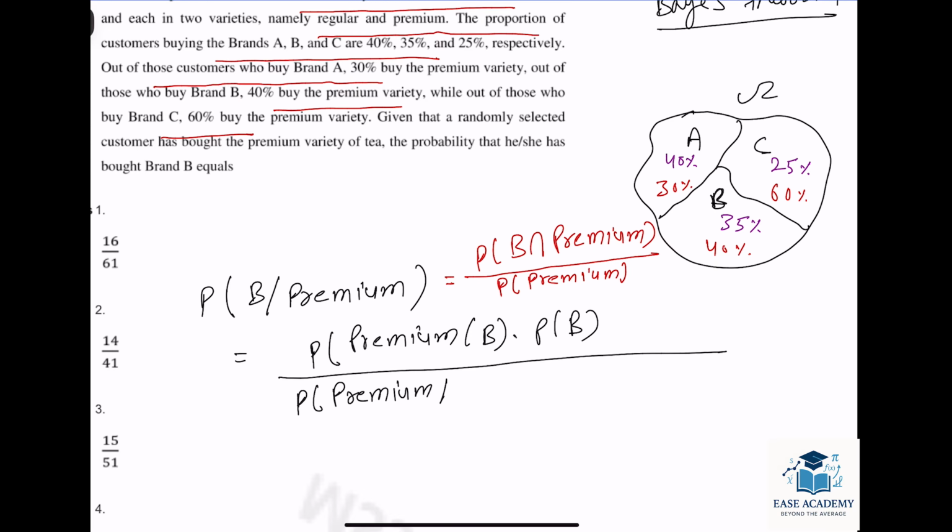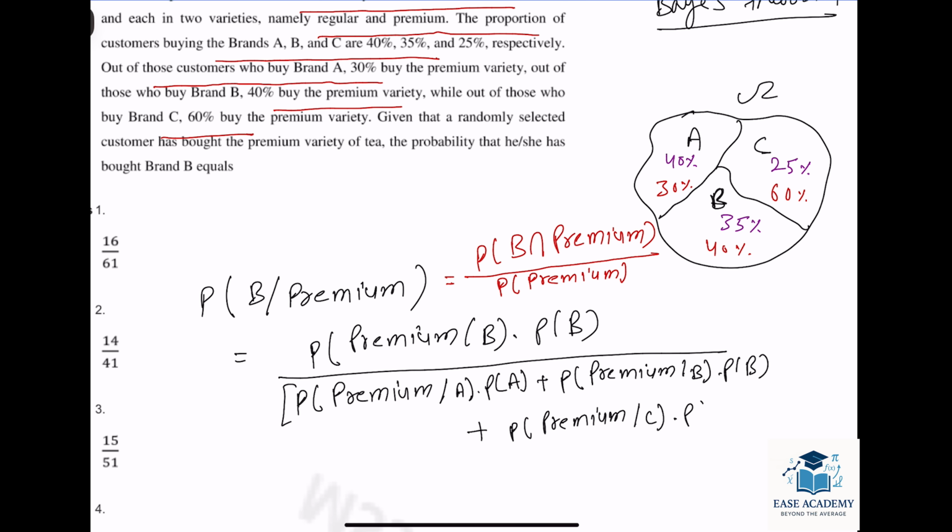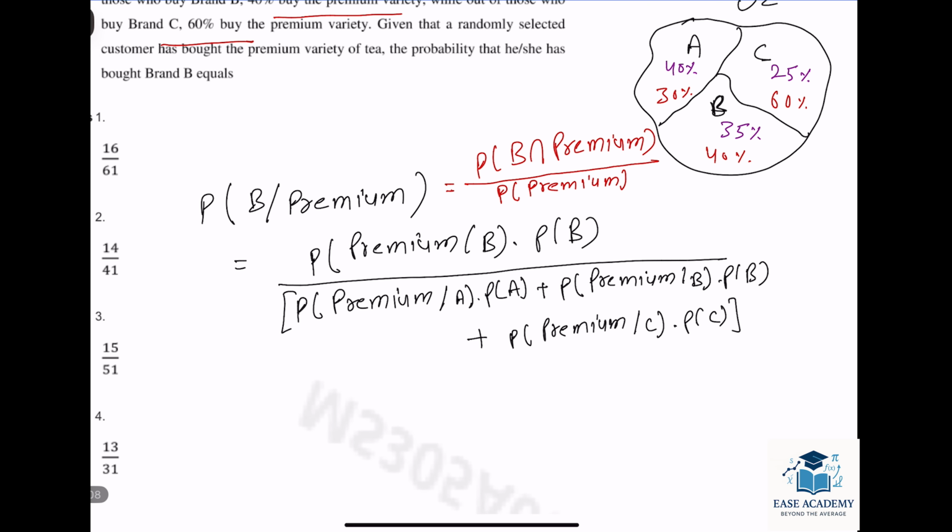So this is probability of premium given A times probability of A, plus probability of premium given B times probability of B, plus probability of premium given C times probability of C. So this is the formula. Now if you have understood till here, only the algebra is remaining.